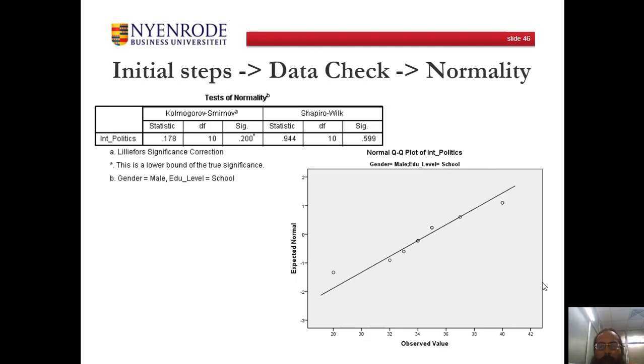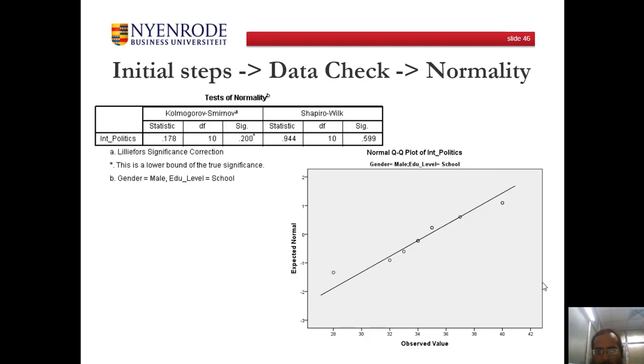For example, the data shown on the graph right now is a normal distribution, which is more or less around the line. Please note that for these tests, if the significance is low, meaning less than 0.05, that means that the data is not normal.